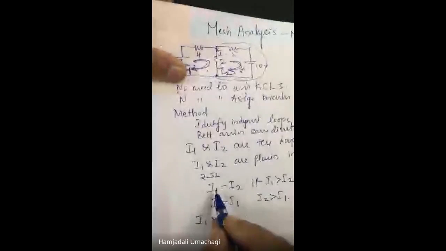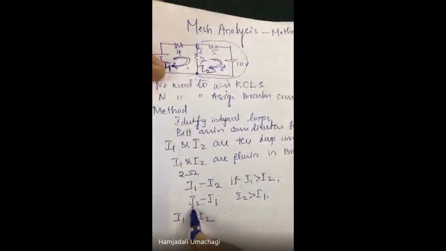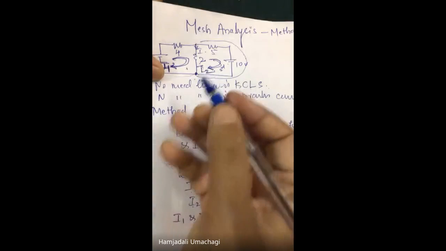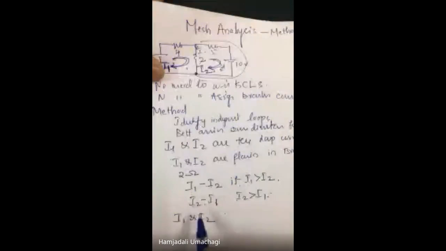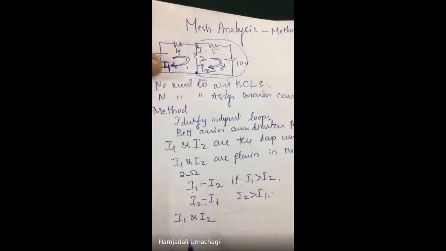That is I1 minus I2 if I1 is greater than I2, or I2 minus I1 if I2 is greater than I1. These steps are applicable to analyze an electrical network by using mesh analysis, also known as loop analysis.